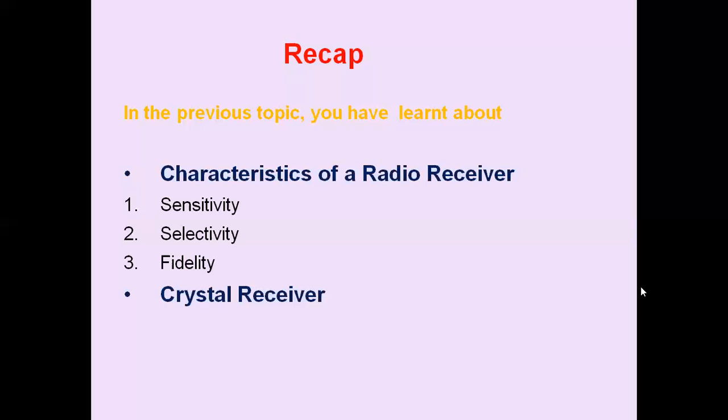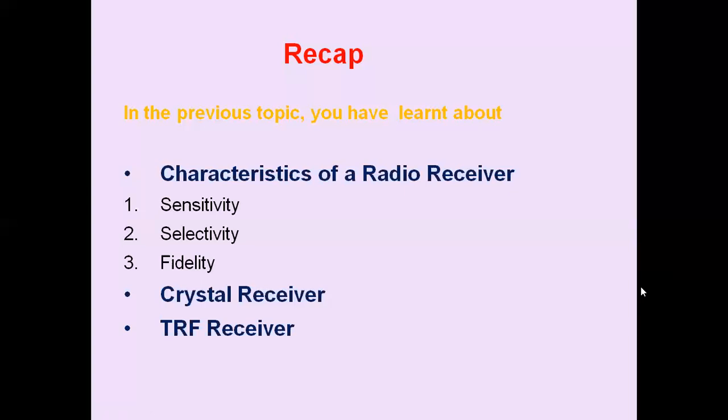Selectivity and sensitivity can be improved in the next version of the straight receiver, that is the tuned radio frequency receiver. This is also a straight receiver in which the incoming signal is first amplified in one or more tuned RF amplifier stages.